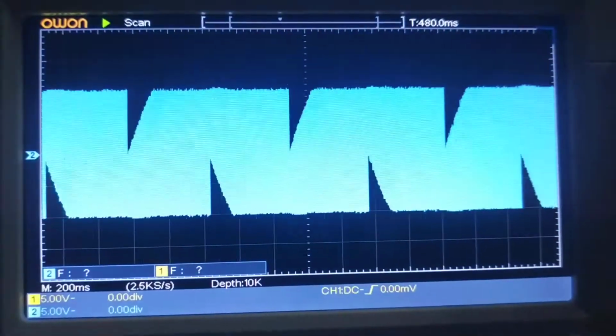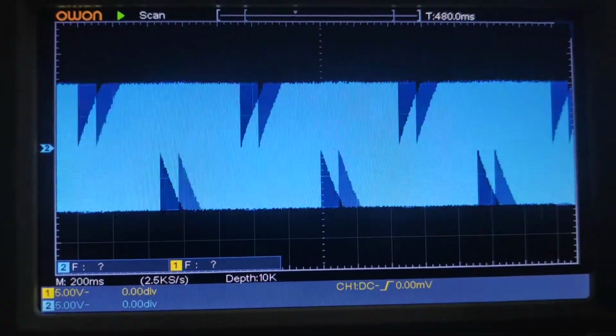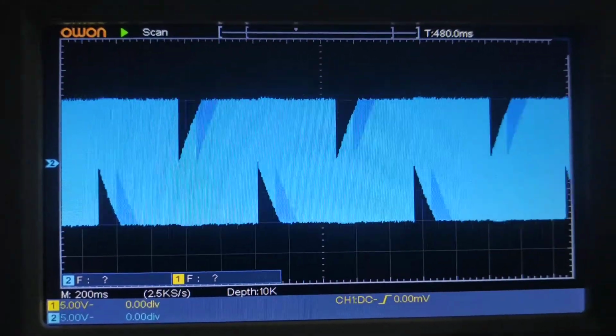Right now we are seeing too much oscillations because the parameters are not set correctly.